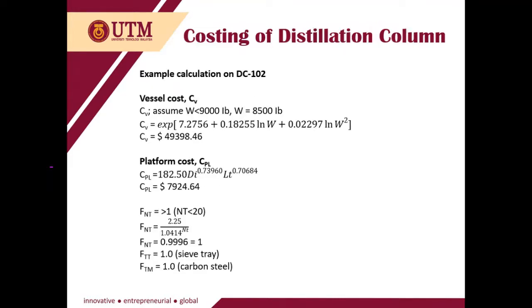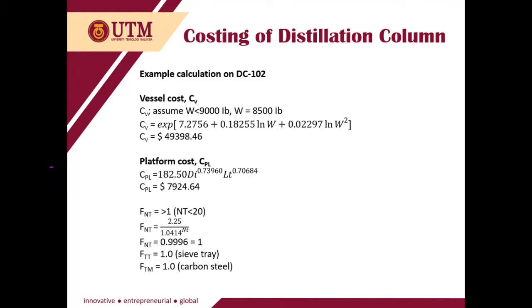Next, we continue with the costing of the distillation column. This is the example calculation on DC102. First, calculate the vessel cost. We assume that the weight is less than 9,000 pounds, so we take the weight as 8,500 pounds. Then we calculate the vessel cost, which is around $49,000.